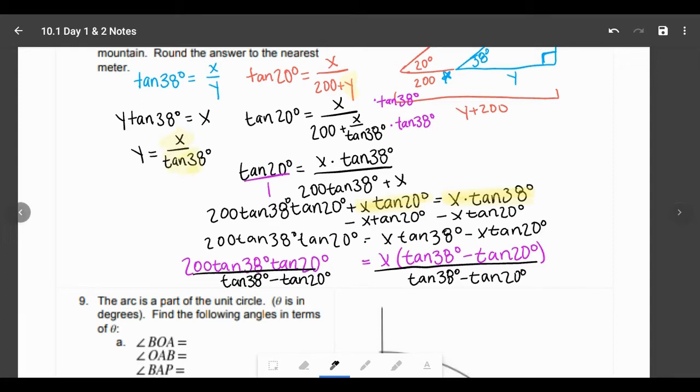And when you do that, you should get that x is approximately 136 meters, because remember the problem originally asked us to round to the nearest meter.